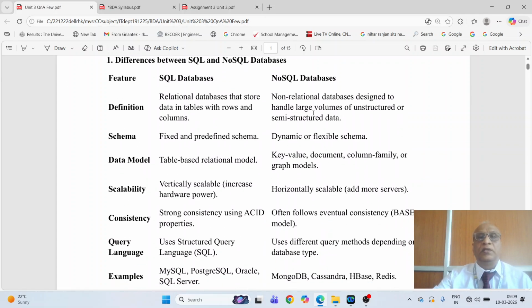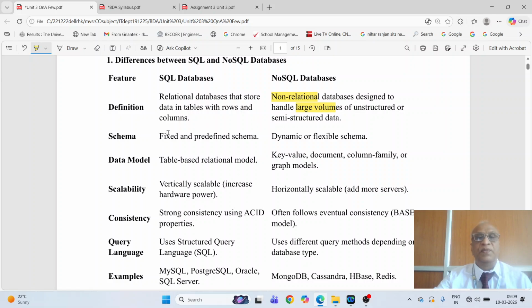Let us look at differences between SQL and NoSQL databases. SQL databases are relational databases. Data is in the form of tables with rows and columns, while NoSQL databases are non-relational databases, which are capable of handling large volume of structured, semi-structured, and unstructured data.